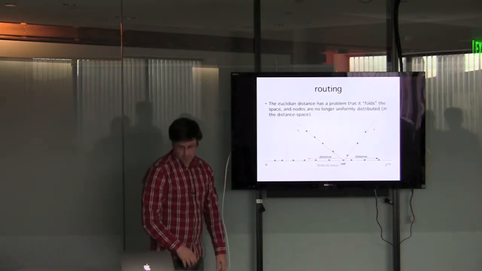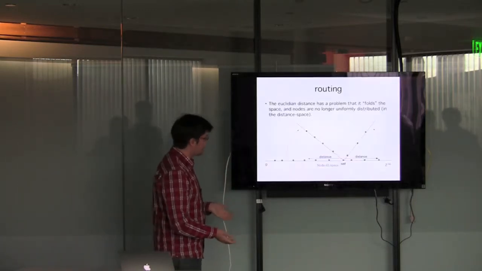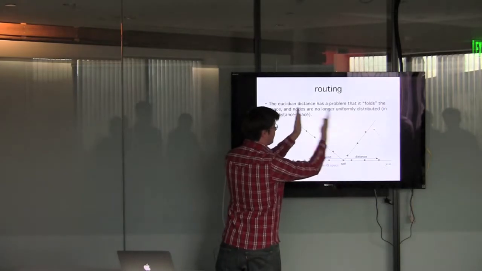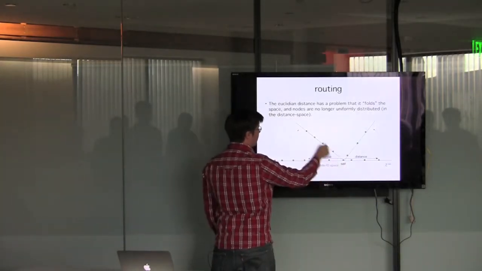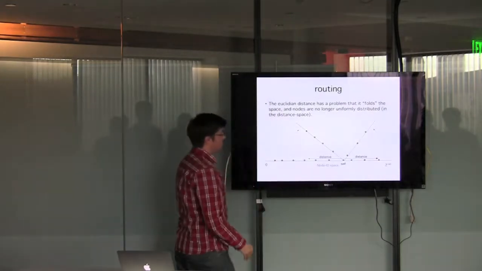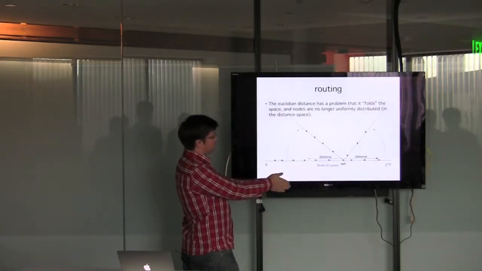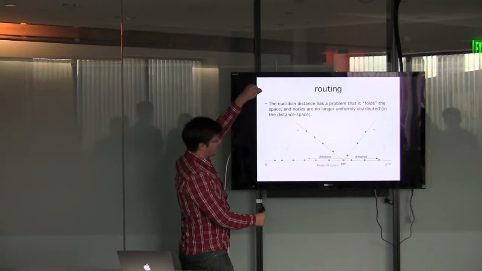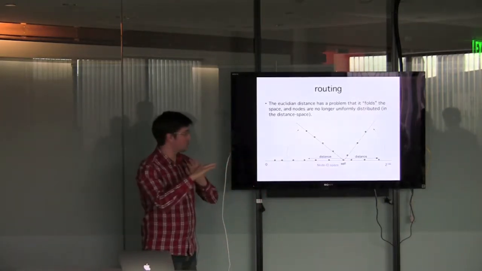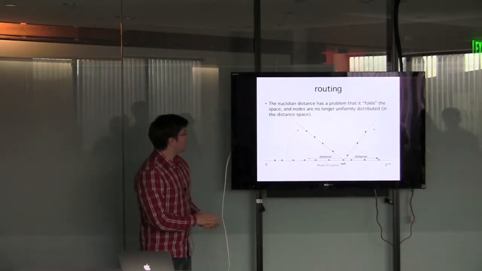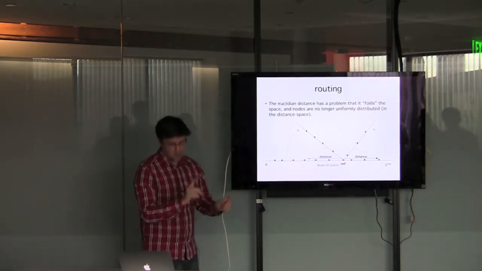You could say that with Euclidean distance, you fold this space and collapse it into a single line, and that's where you get the uneven distribution of nodes in that space, which is a problem.